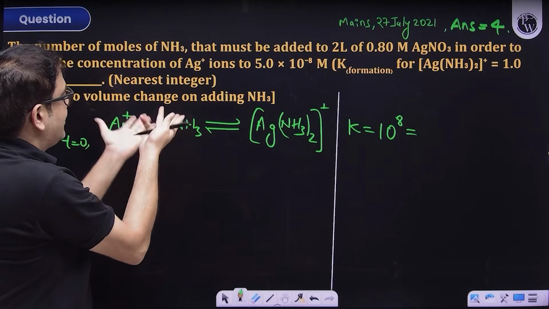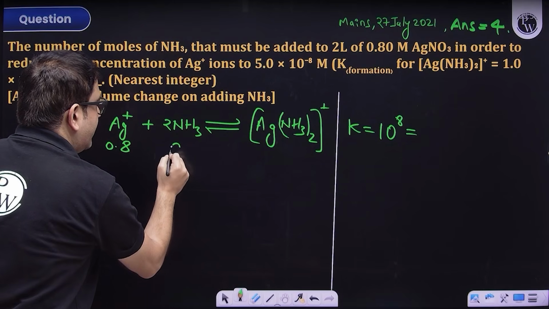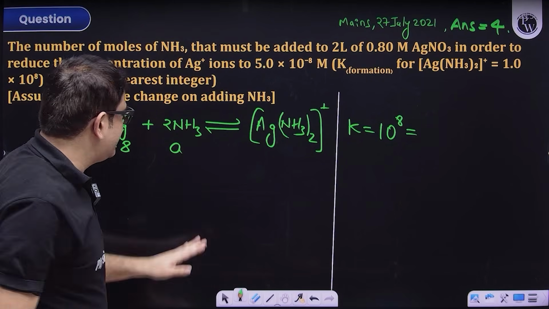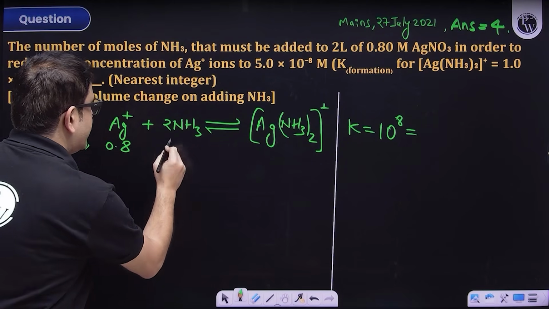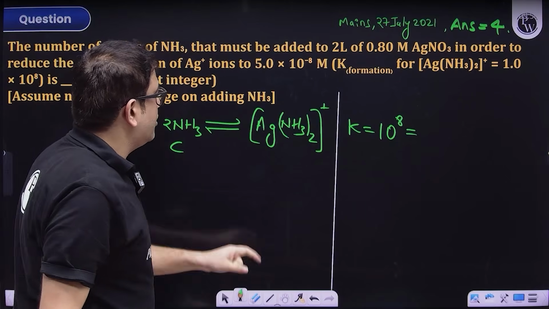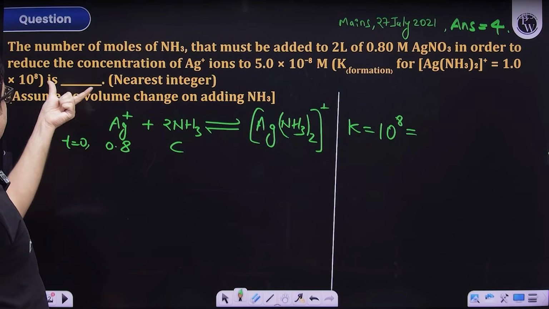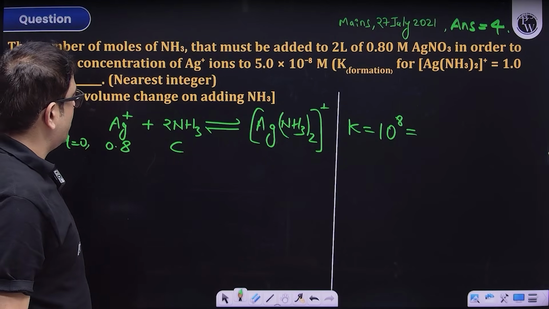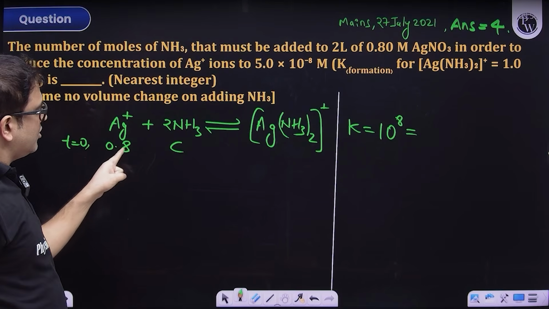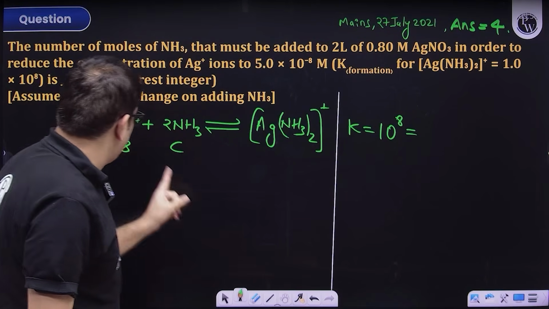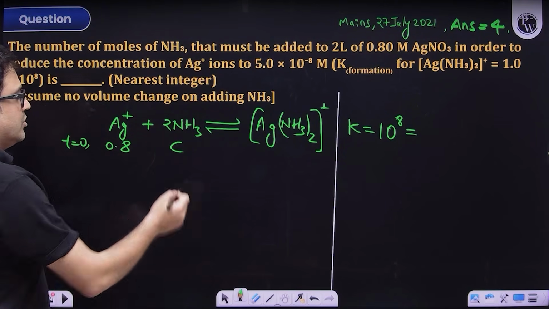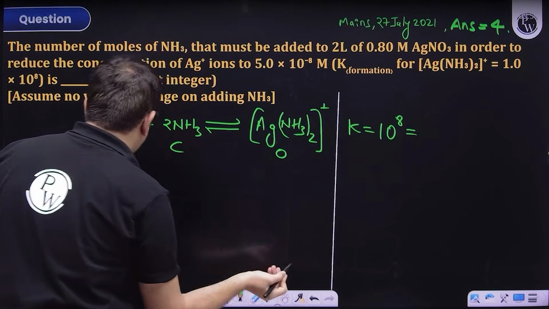So let's say I'm taking A moles. For concentration, let's say C, because what is asked in the question is the number of moles of ammonia. Moles is only asked, but this is concentration, so I'm taking concentration. Initially its concentration is 0, obviously.